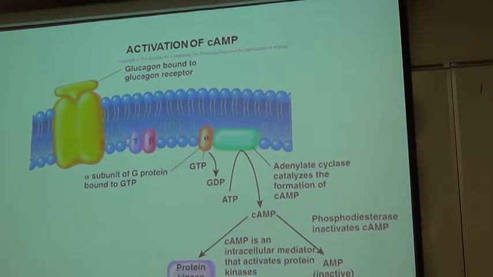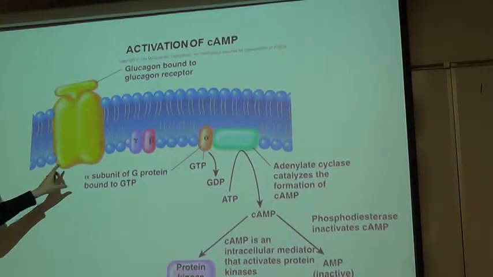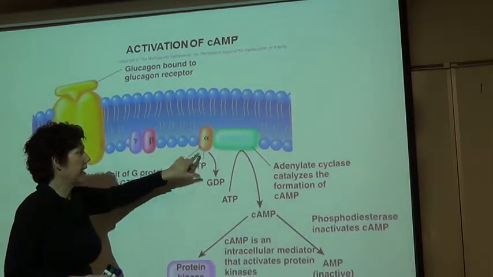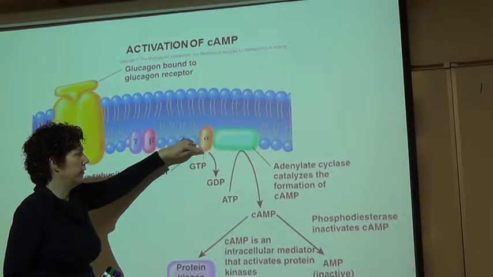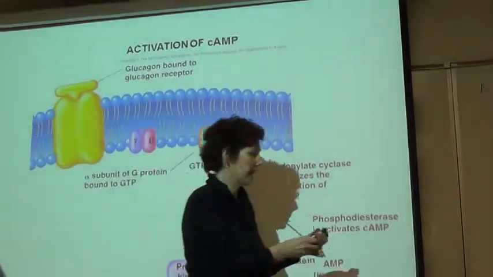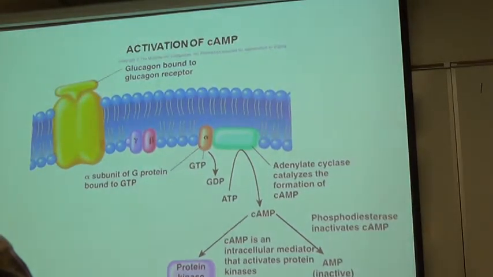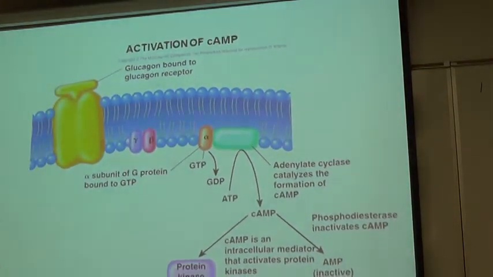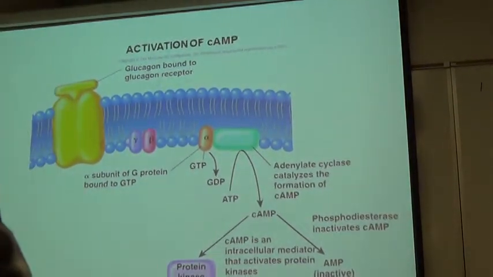So, the first thing that we're looking at, and the first one that was discovered by a scientist, is the effect of this active form of the alpha subunit, which is going to be to interact with the plasma membrane bound enzyme.